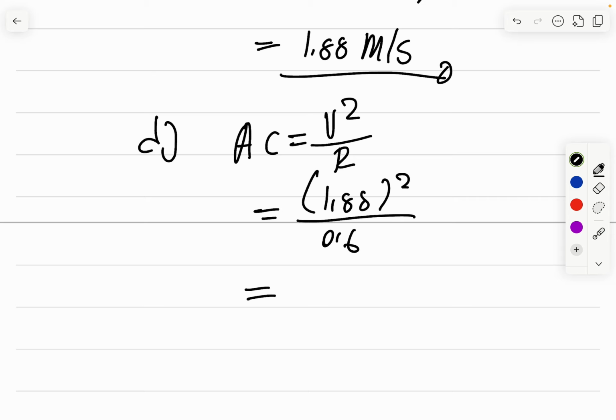Therefore, my answer is going to be 5.89. 5.89 what? Meters per second squared. Don't forget the SI unit of acceleration. Don't forget to.